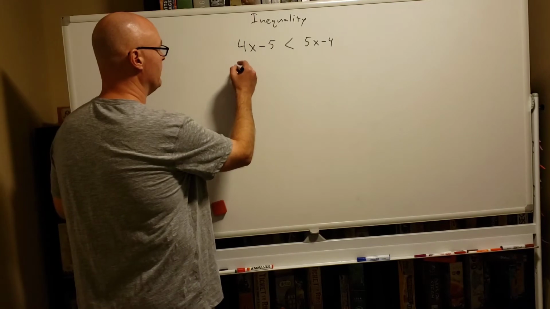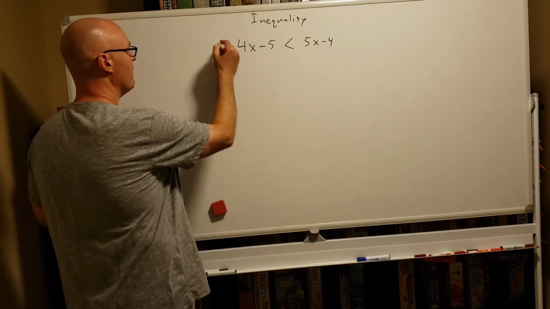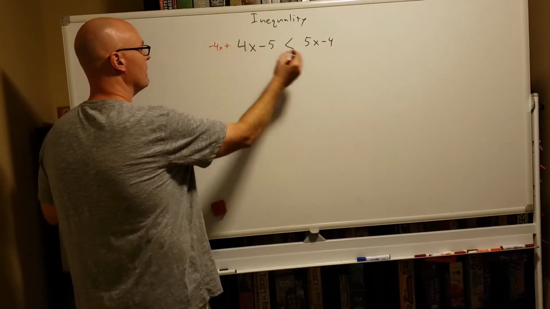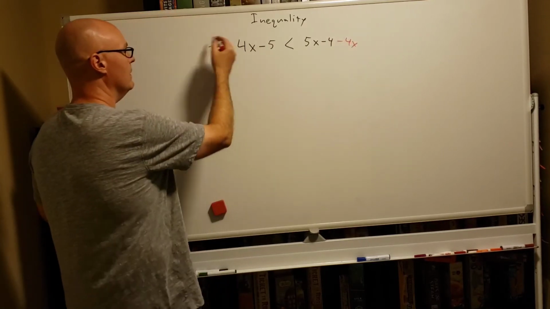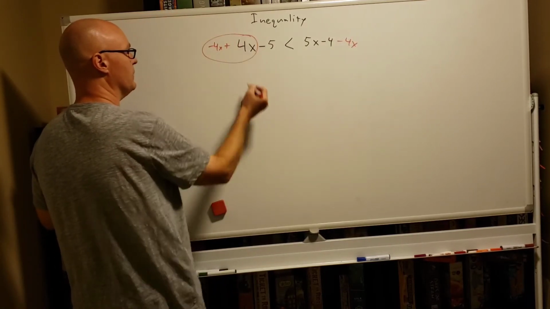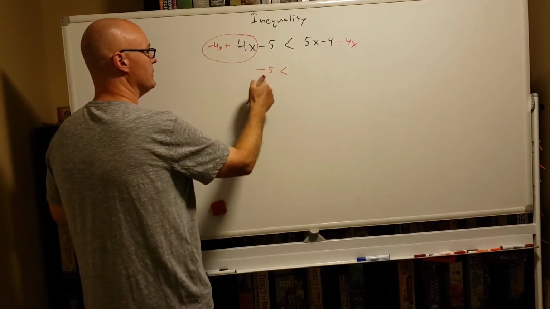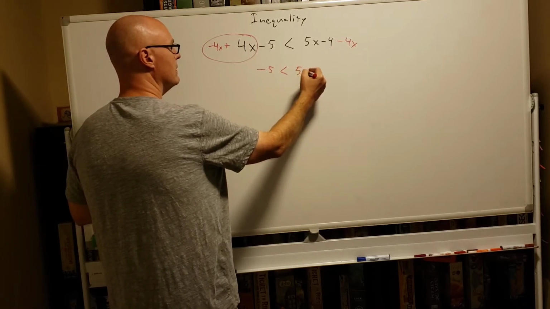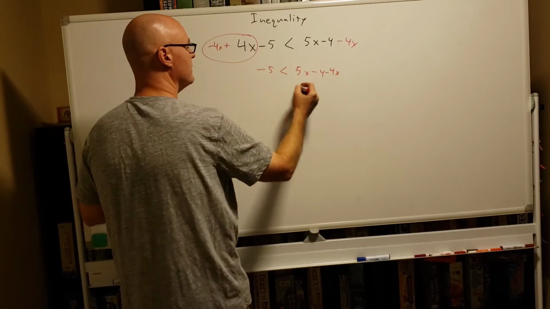So if I subtract 4x, this will cancel. Negative 5 is still less than 5x minus 4 minus 4x.